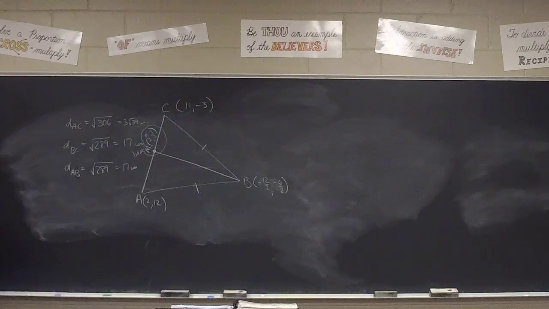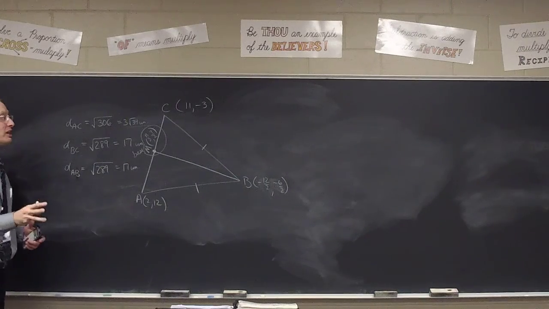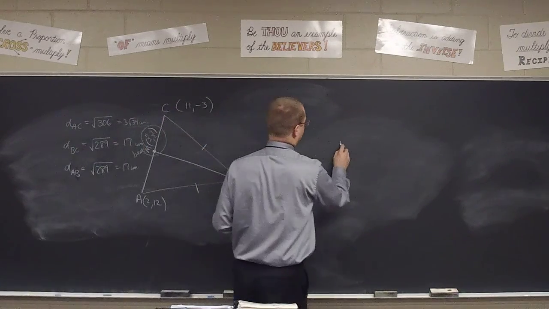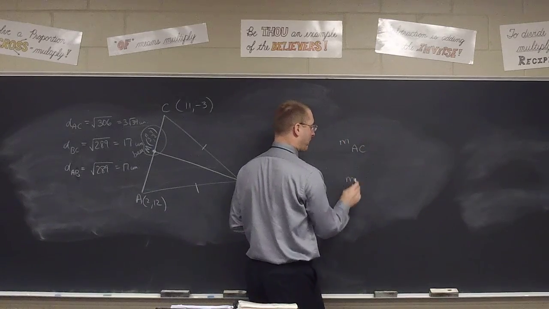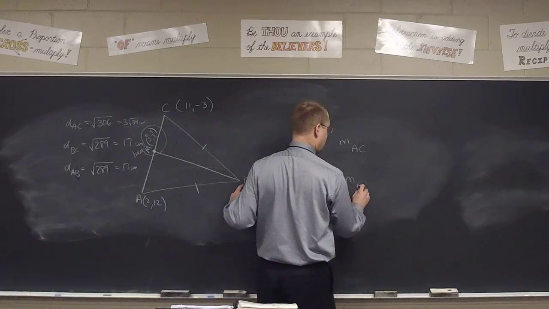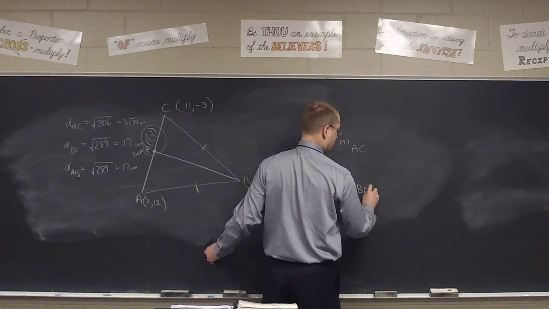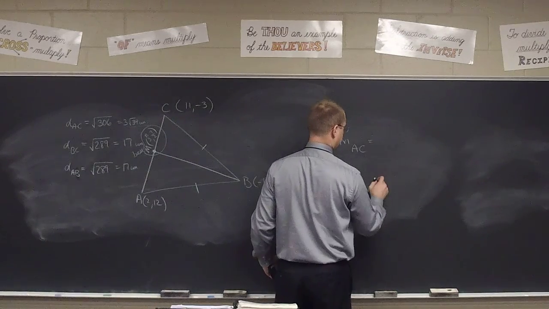How do I show something's an altitude? Perpendicular. How do I show perpendicular? Negative reciprocal. So I need to find two slopes. First, let's find the slope of AC, and then the slope of the median, which is from B to the midpoint of AC.